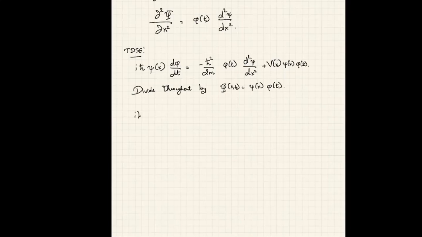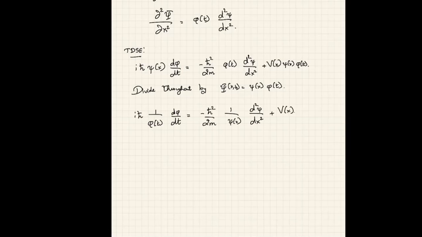So I get i h bar 1 over phi of t d phi dt equals, in the first term, I cannot get rid of the psi because it's appearing in the d square psi over dx square part. So this becomes minus h bar square over 2m 1 over psi of x d square psi over dx square. And in the second part, both psi and phi go away. So I only get v of x.